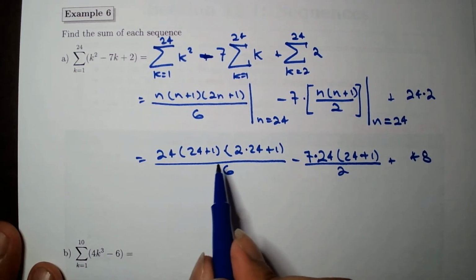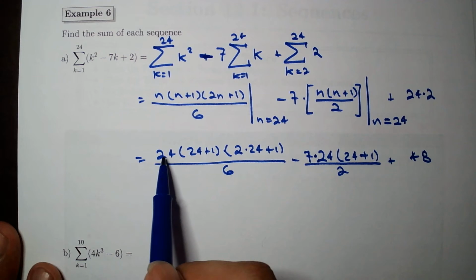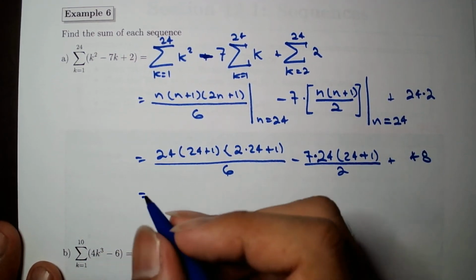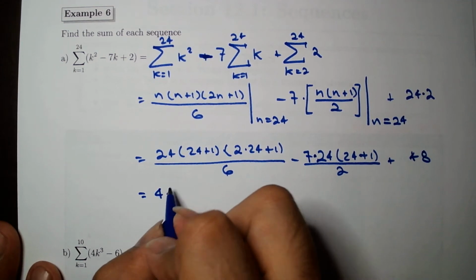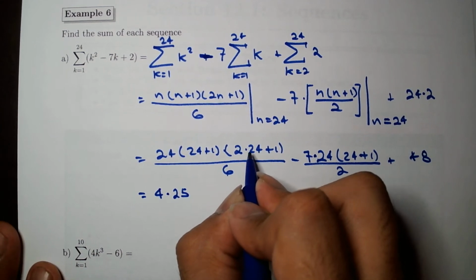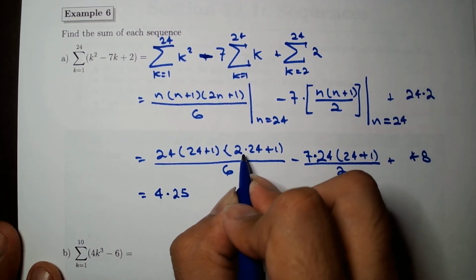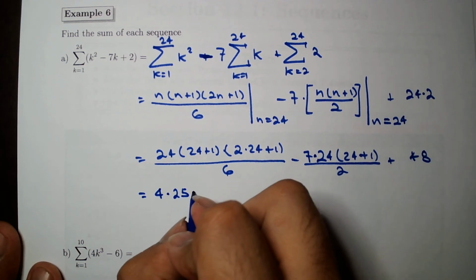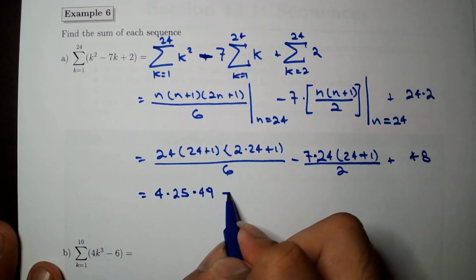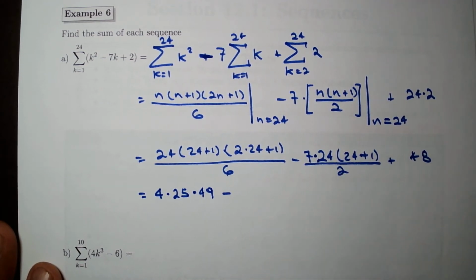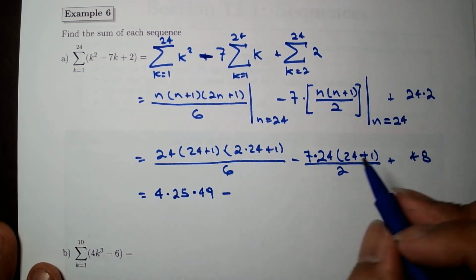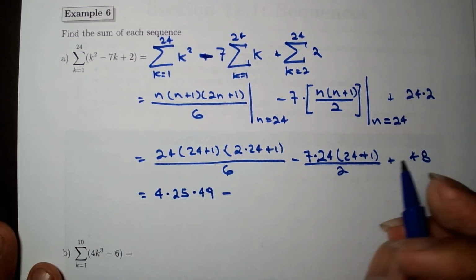In this case, it's going to be a little bit messy, so you might want to simplify a little bit. 24 divided by 6 gives us 4 times 24 plus 1, 25. And over here, 24 times 2 is 48, 48 plus 1 is 49. Minus 7 over 2, that's not going to happen. 24 plus 1, which is 25 over 2, that's not going to happen either. But 24 over 2 is 12.